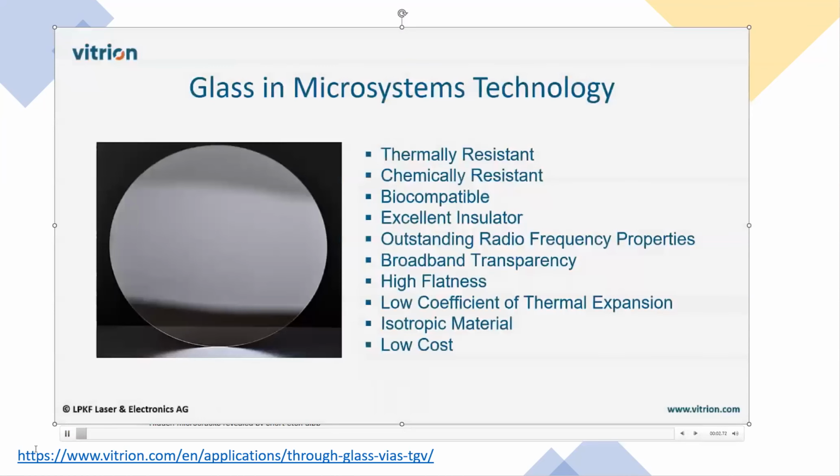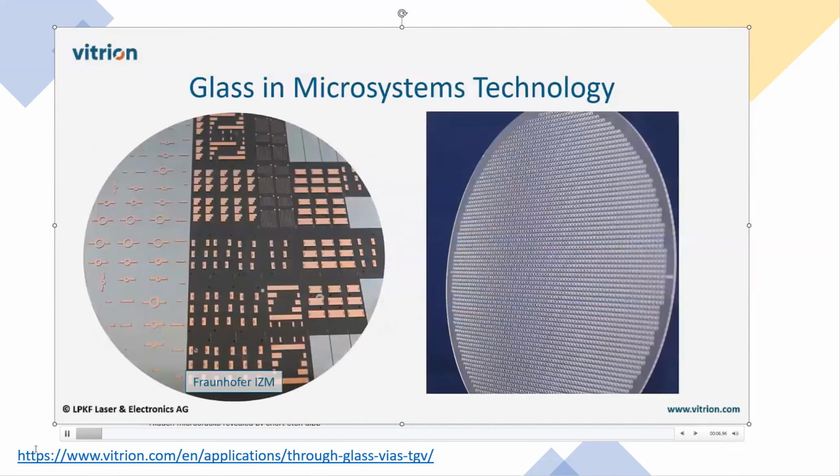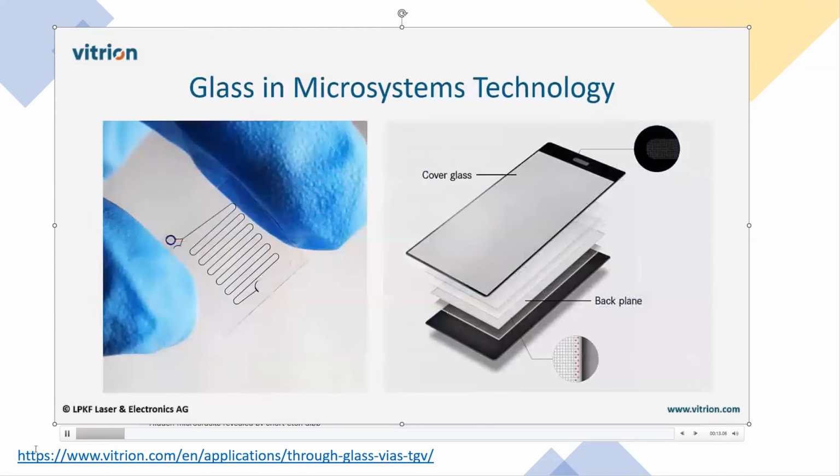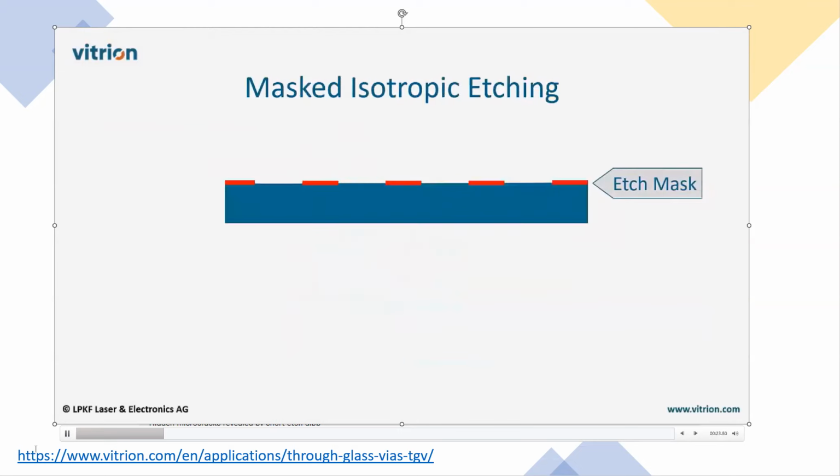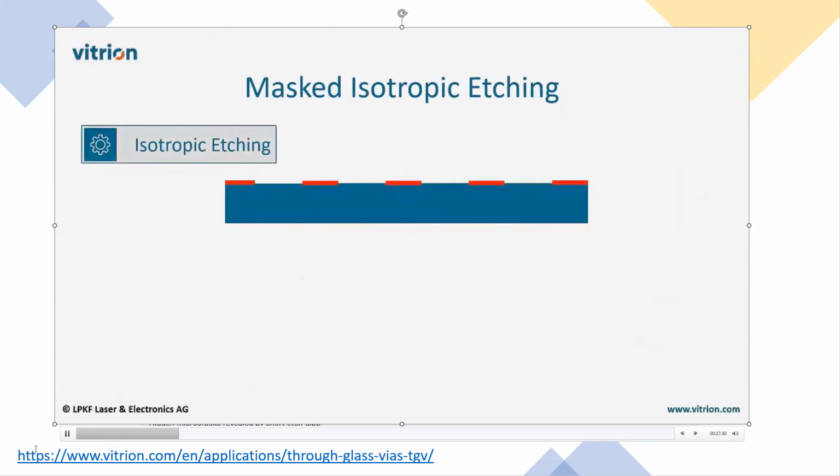This has a lineup of excellent properties. It is therefore the substrate or packaging material of choice for numerous microelectronic, MEMS, microfluidic, and display applications. But glass has also a fundamental limitation. It is an amorphous material and therefore cannot be etched anisotropically. Hence, etch masks, which are typically used to create microfeatures, are underetched.